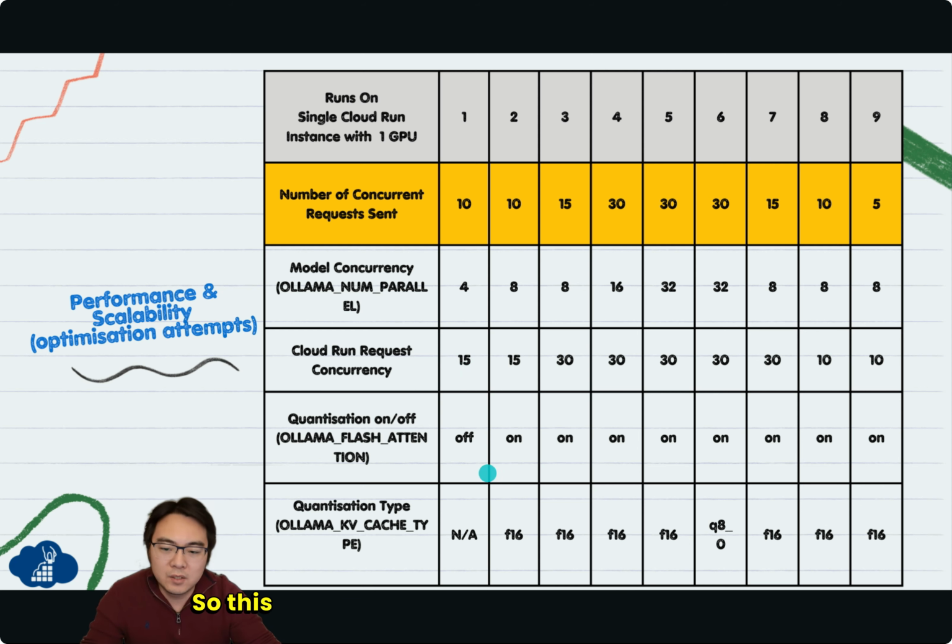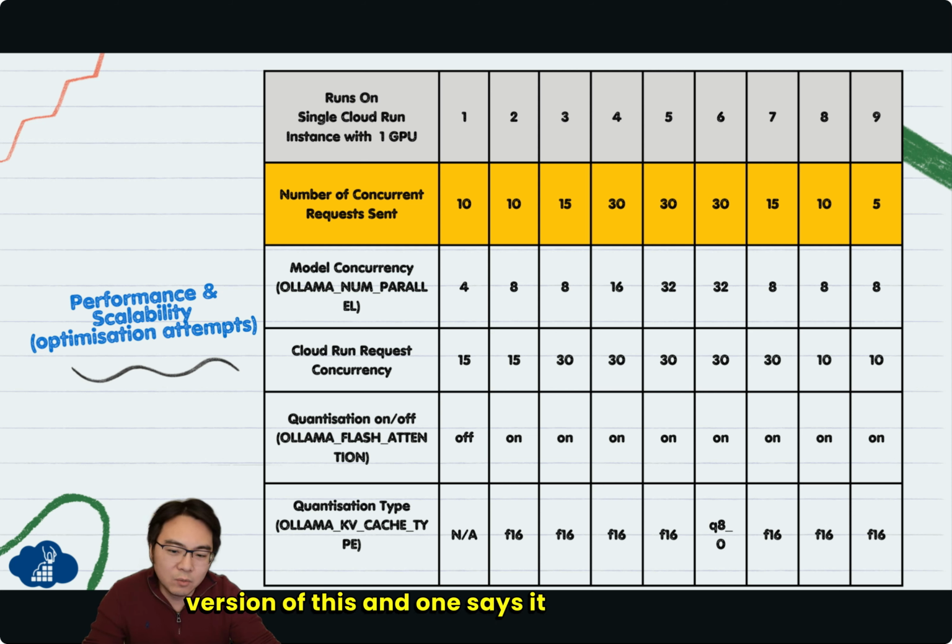This one here is quantization, which is basically a way that you can turn on. It should technically reduce the memory footprint or memory usage, basically make it more efficient, right? But I read two different versions of this.